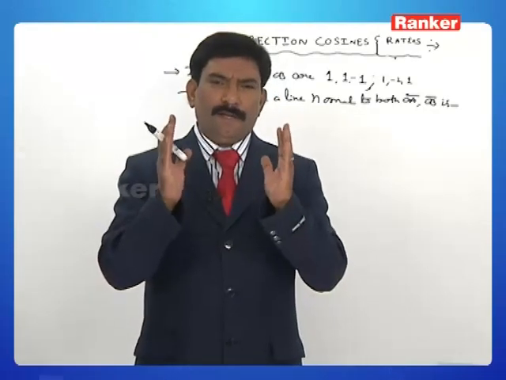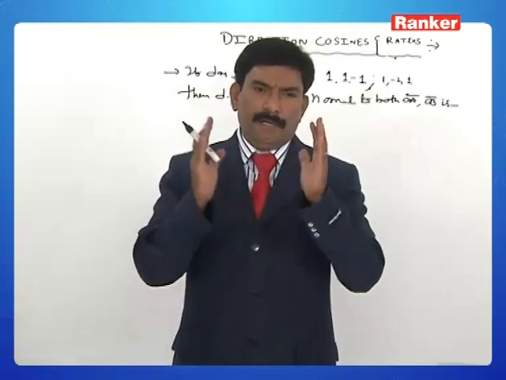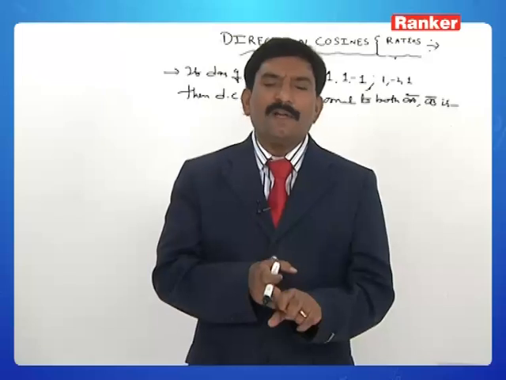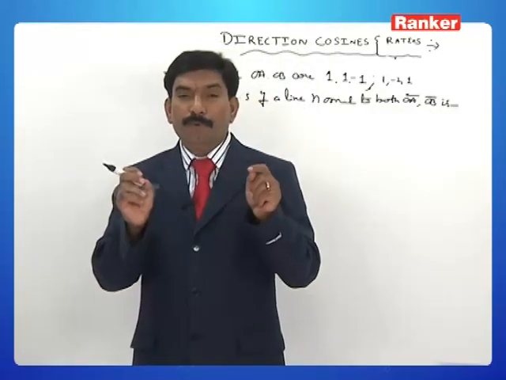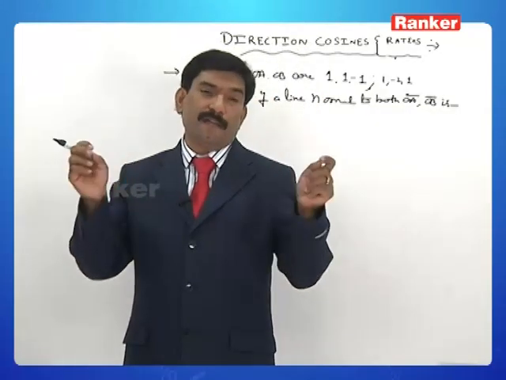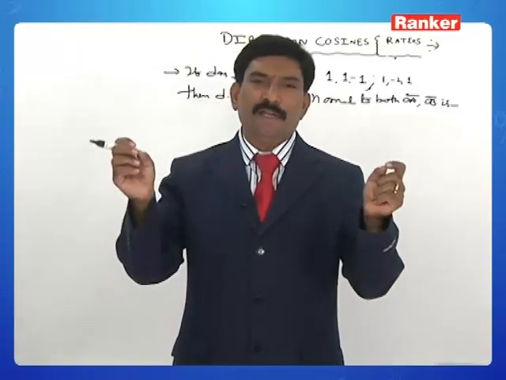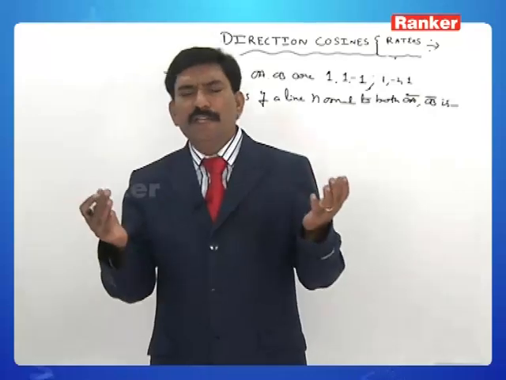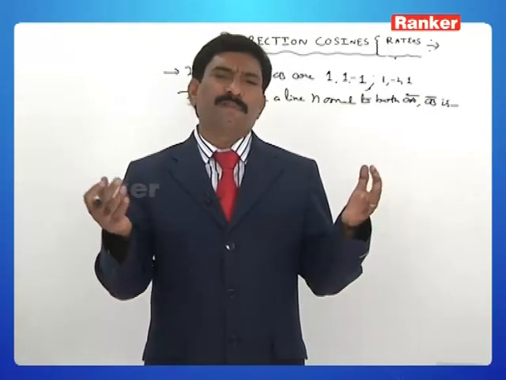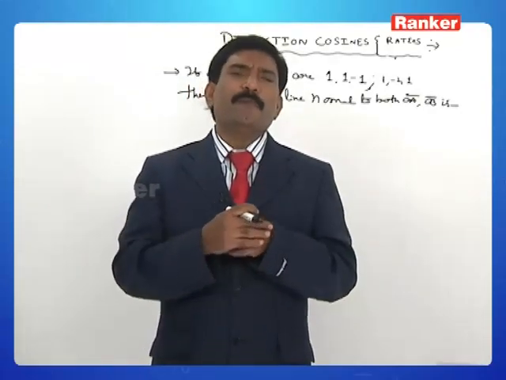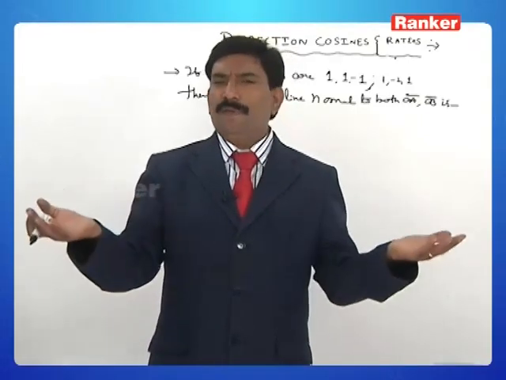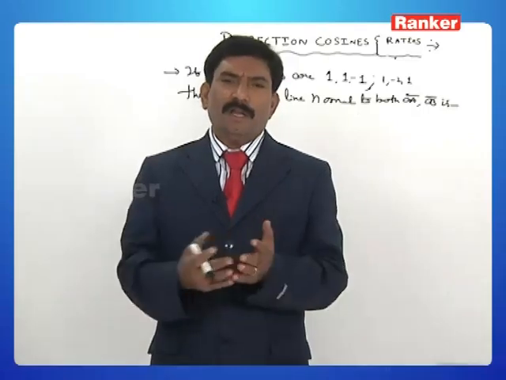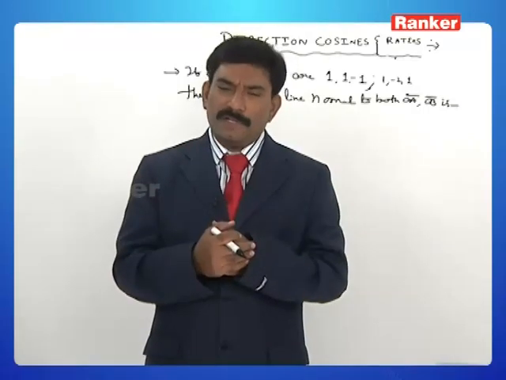When l1, m1, n1 and l2, m2, n2 are the DCs of two lines, I found the DRs as well as the DCs of a line perpendicular to both. How? Let l, m, n be the DCs of the required line, which is perpendicular to the given two lines. We went for l l1 plus m m1 plus n n1 is equal to 0, and similarly for the second line. With that concept, we later solved those relations.